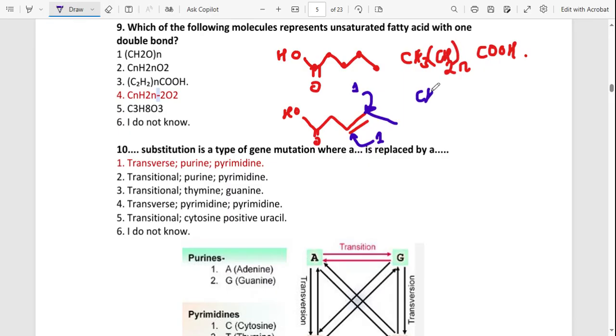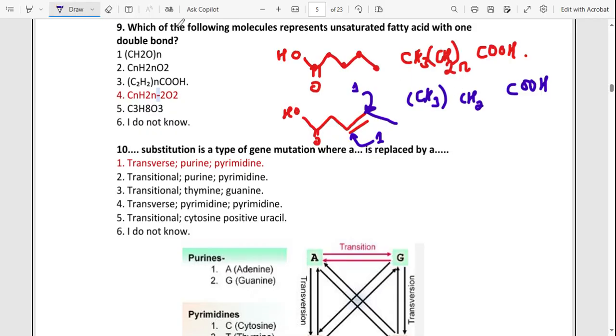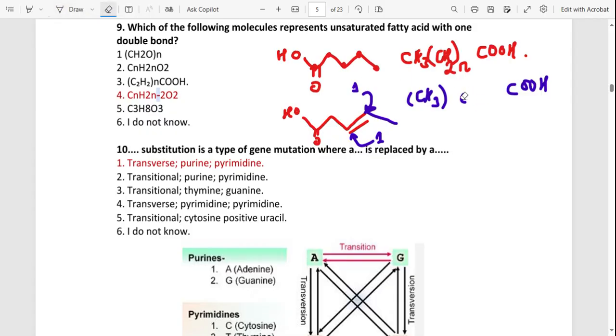So the formula becomes CH3, CH2, and then you are going to have N minus 2. We have removed 2 from the number of hydrogens, okay, and then COOH. Now I need to be specific, not the way I've written it, because it's specifically only the number of hydrogens. The formula that I wrote was including the carbon also.